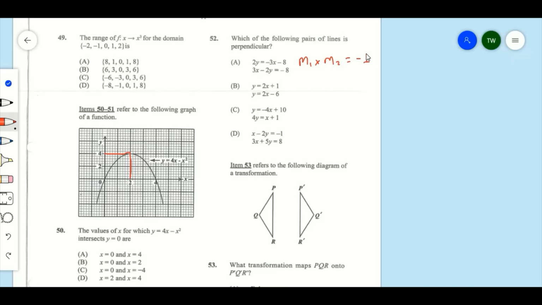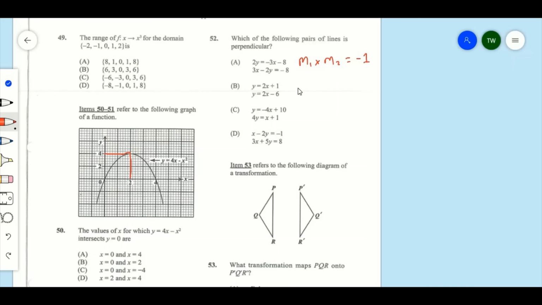So what we're going to do is observe our options, and whichever pair of equations satisfies this condition, that means that pair of equations are perpendicular lines.